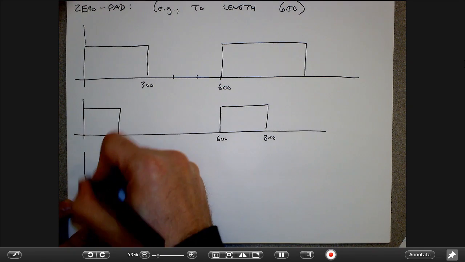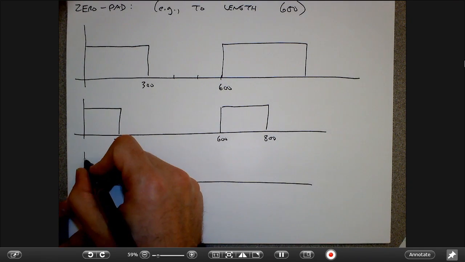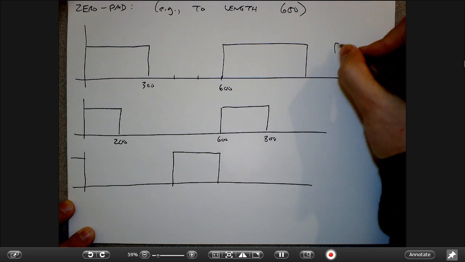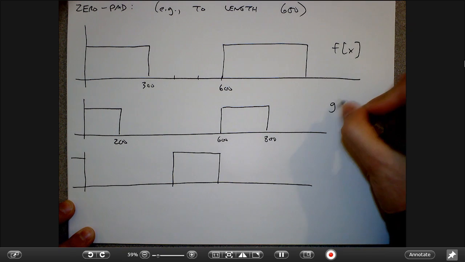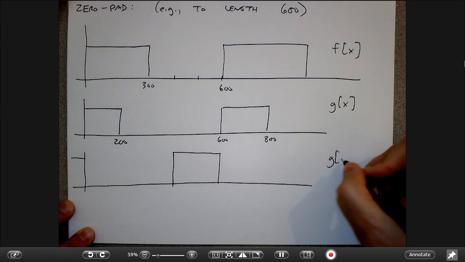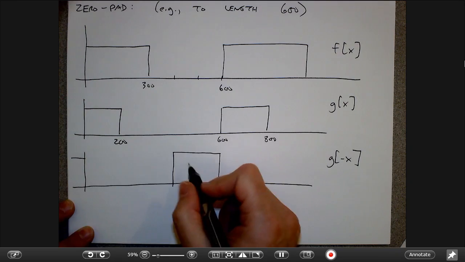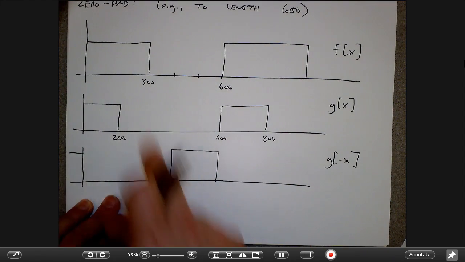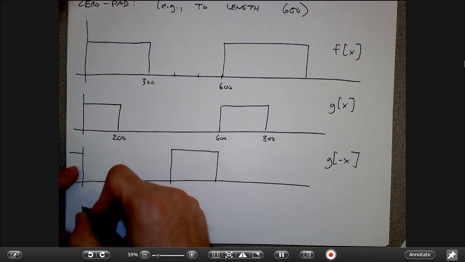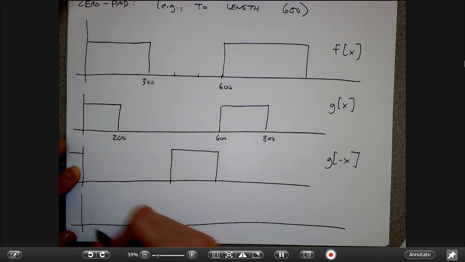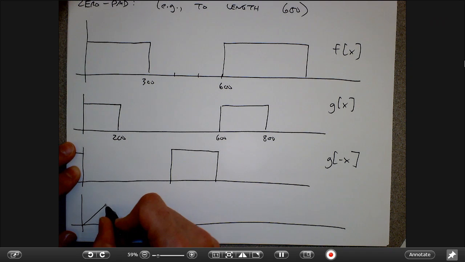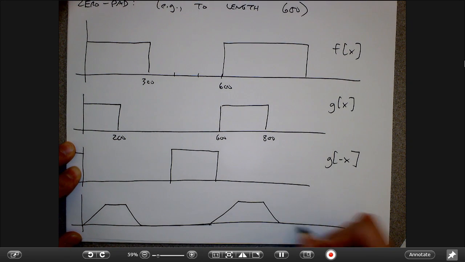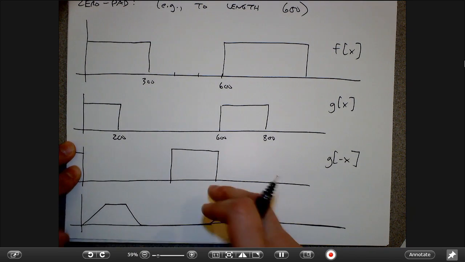Then, when I flip this guy around, my copy is going to look like this. This is going to be my f of x, this is going to be my g of x, this is going to be my g of minus x. Here, now there's no danger, right? Because this copy doesn't intrude on that, right? And when I looked at my convolution, I would get exactly the thing that I expect, without any sort of corruption, right?